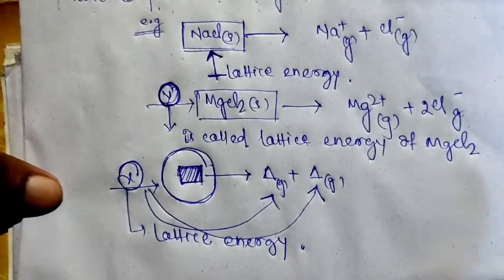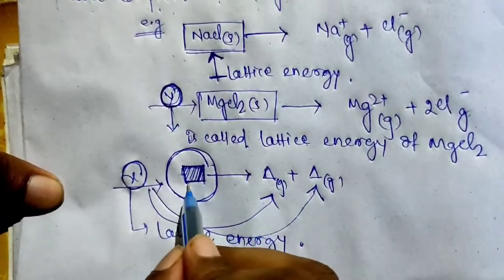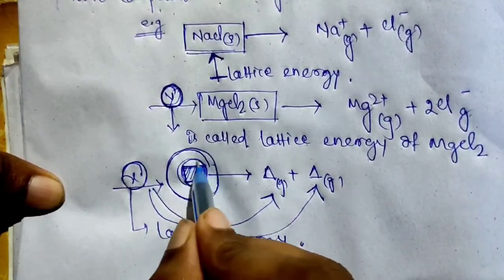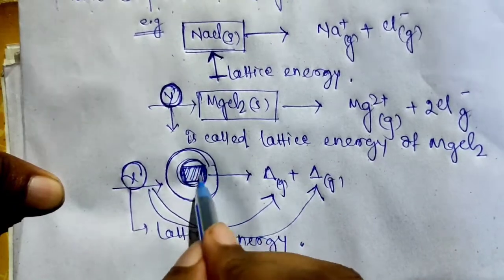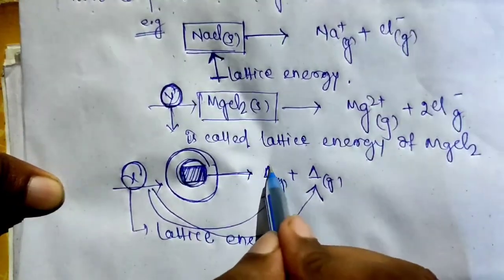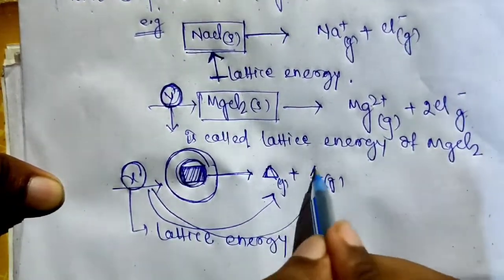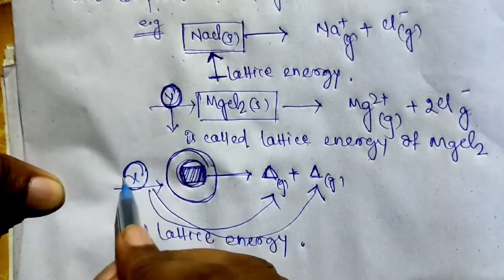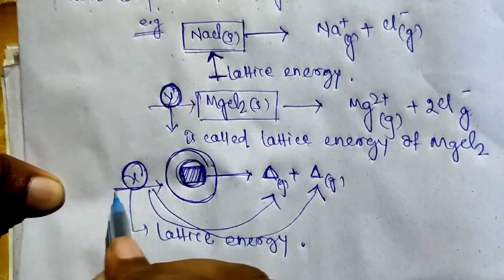So to convert a solid ionic compound into gaseous ions, the amount of energy required is called lattice energy.